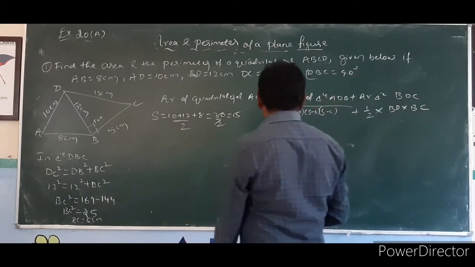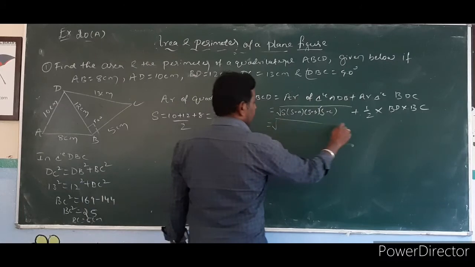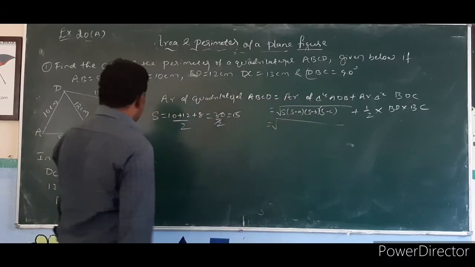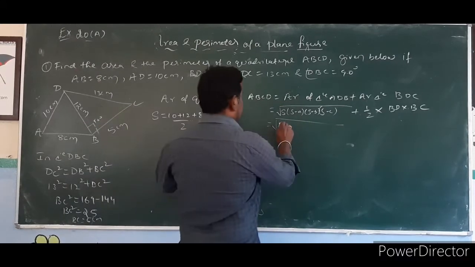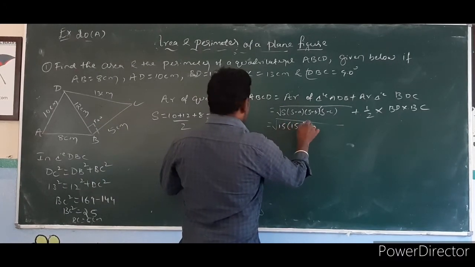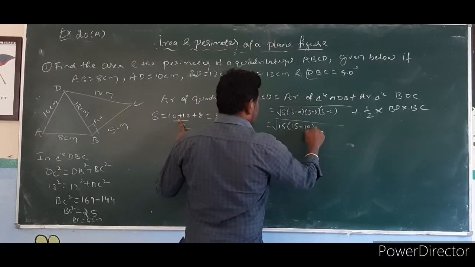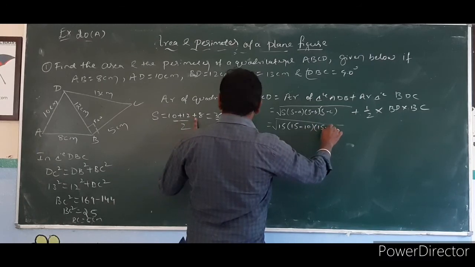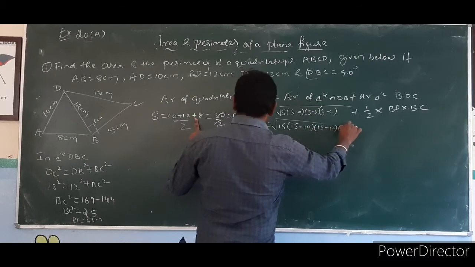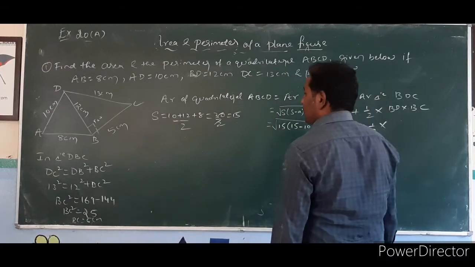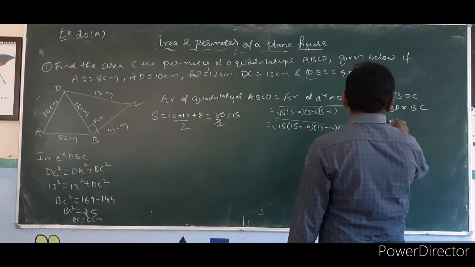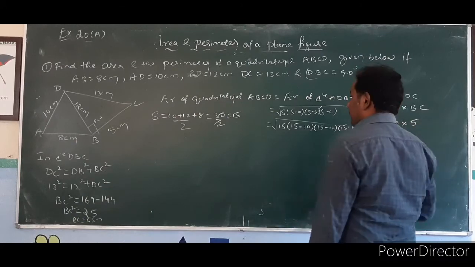Here S is 15. 15 minus 10, 15 minus 12, 15 minus 8, half into BD 12 into 5.